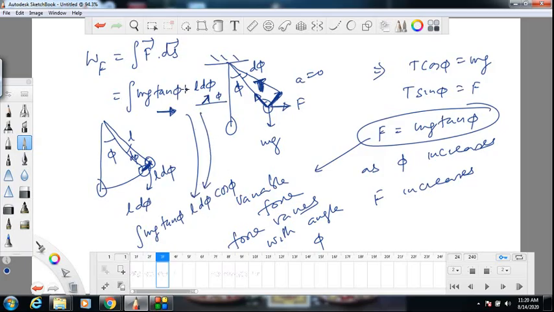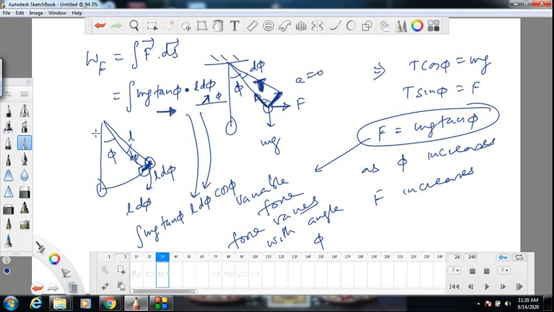When you do dot product, force magnitude is mg tan phi, displacement magnitude is L d phi, but force and displacement are not in the same direction. See the arrows, there is an angle of phi between them, so into cos phi. So I am using the general definition integral f dot ds. You have calculated f at an intermediate position and you are finding little displacement in that position only.